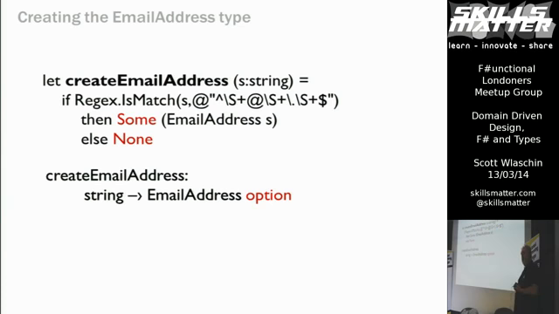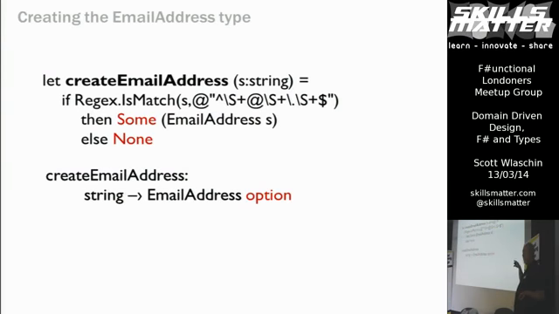I don't know how often you fall into this trap, but sometimes I validate things over and over because I'm not sure that the previous person actually validated it properly. But the nice thing about this is once it's an email address, I know it's valid. I don't ever have to validate it again. So I have a lot of confidence that if my UI layer has turned it into an email address, my database backend doesn't need to validate it before saving, because it's guaranteed to be an email address.